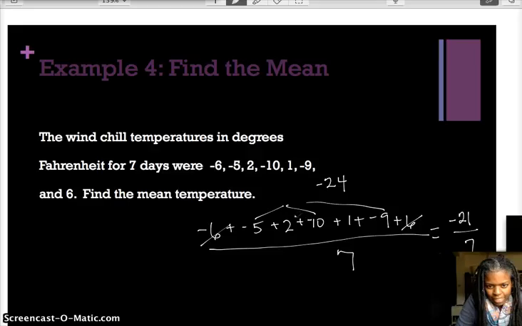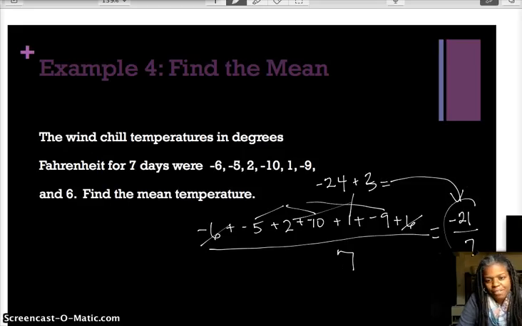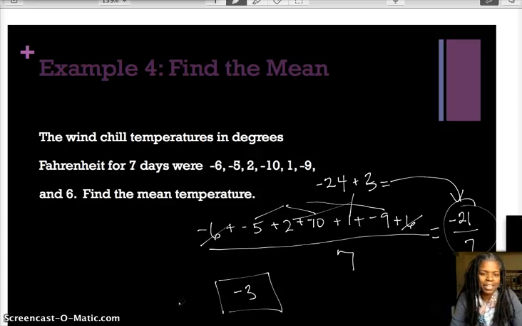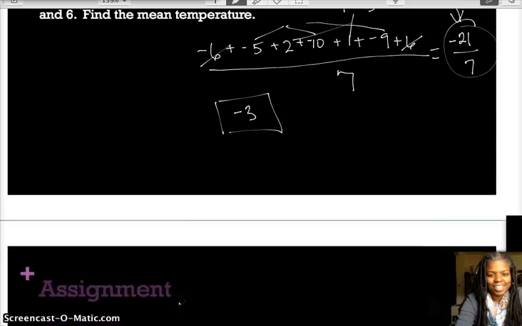Then I'm going to take my 2 and my 1, which are positive, and add a positive 3 to that. That gives me the -21. So -21 divided by 7 leaves me with a -3. The mean temperature for those 7 days is -3.